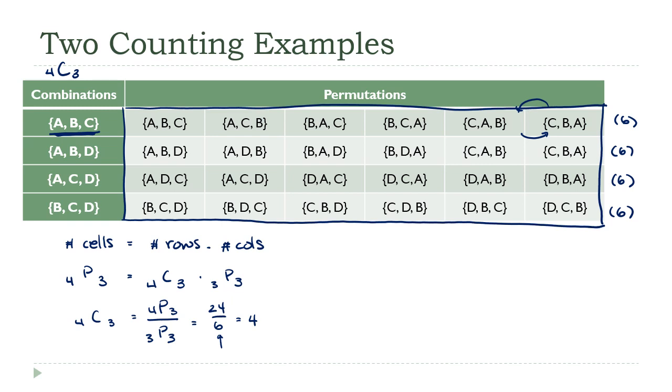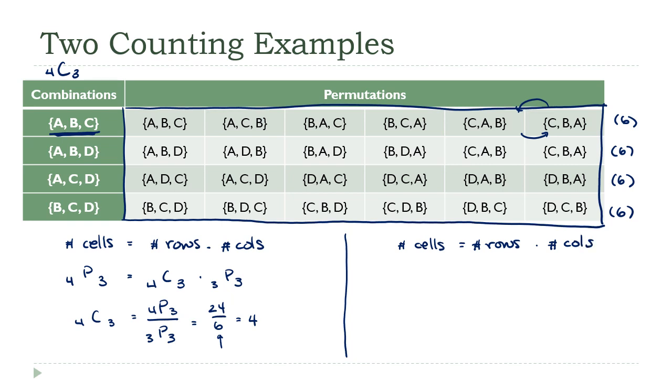All right, so let's see if we can generalize this now. I'm going to start from the same base. Number of cells equals number of rows times number of columns. And now instead of doing 4 and 3, we're going to do n and r.